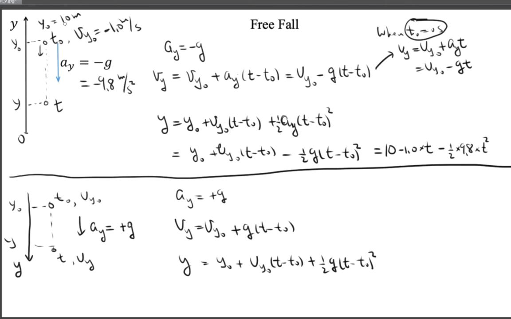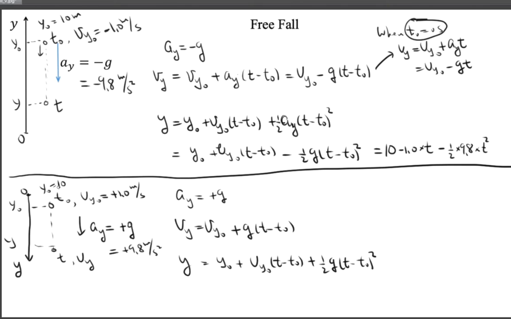Now let's look at the same numbers, but with the y coordinate pointing downward. In this case, Vy0 is positive 1 meter per second, and ay is also positive 9.8 meters per second squared.